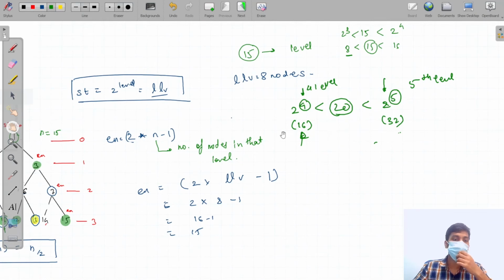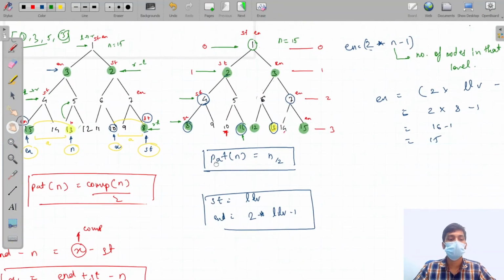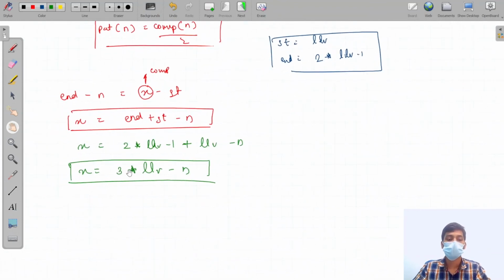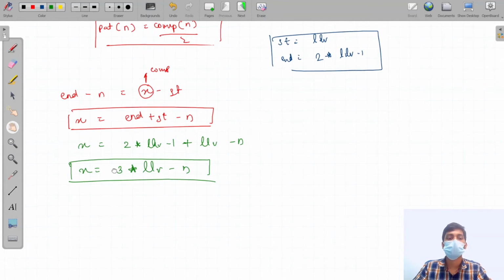So from this we are able to get the ending point. If we are able to find the level, that is the last level value, we will be able to easily find out the ending point. And using this ending point and starting point, we just put the values here and we are able to get our x, that is nothing but our exponent.